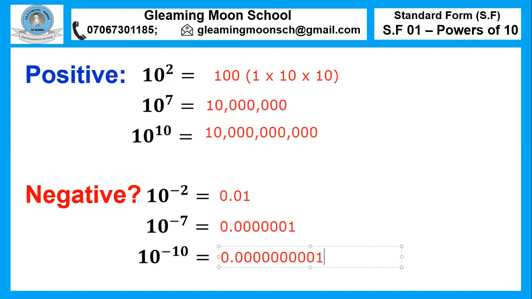Then you put your 1 there. Okay, so you can see how standard form makes it all easier and concise. Imagine this number here where we have 10 billion. Instead of writing all these zeros, we just write 10 raised to the power of 10.